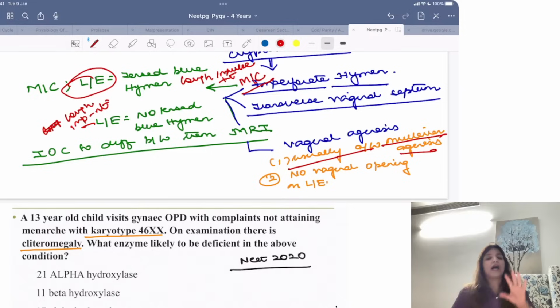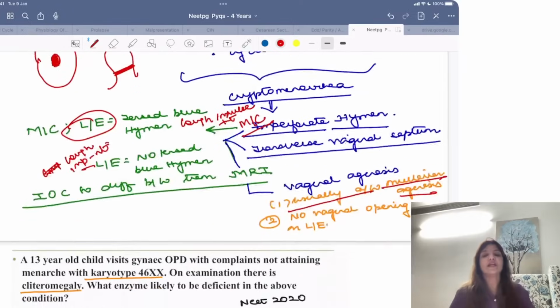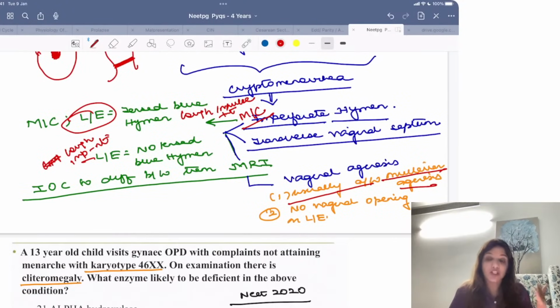So in this case, I am going to make my choice as imperforate hymen. The investigation which can differentiate transverse vaginal septum and imperforate hymen is MRI. But you will never need an MRI because clinically also they can be differentiated based on local examination and based on cough impulse. Right? Okay.